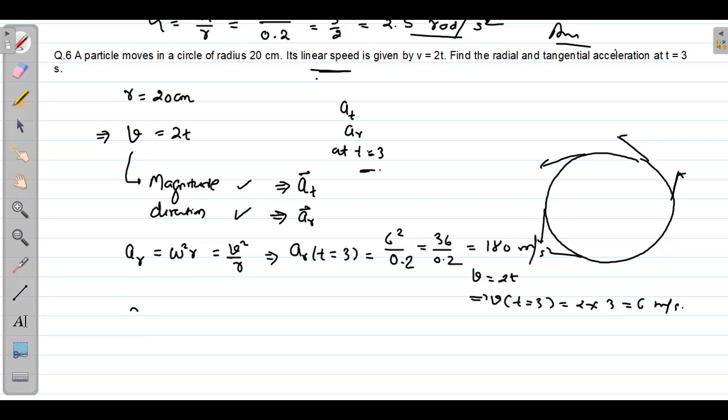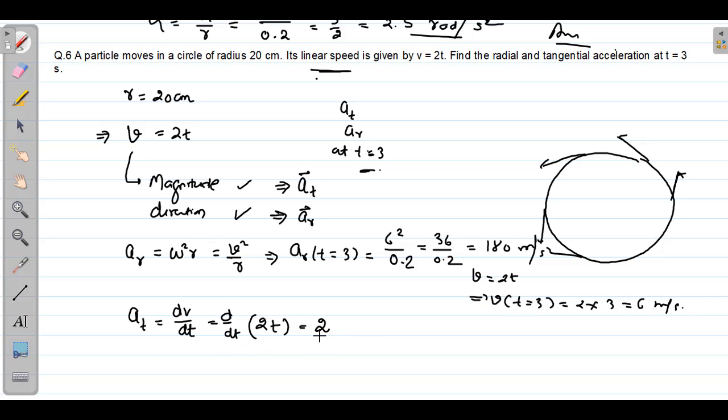Similarly, we can find the tangential acceleration. Tangential acceleration is due to the change in the magnitude of velocity. That means a_t is the rate of change of velocity, dv/dt. We differentiate v, which is 2t, and we get 2. That means tangential acceleration is 2.